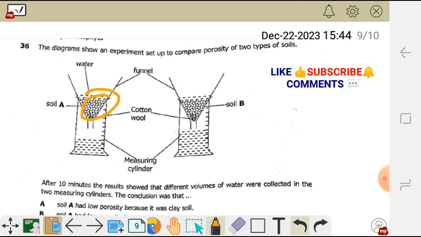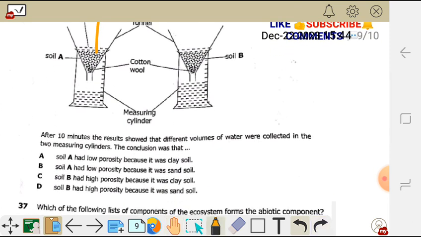So the soil has been placed in there, and then water has been poured in that direction. Okay, so let's continue reading the question. After 10 minutes, the results showed that different volumes of water were collected in the two measuring cylinders. Okay, so different volumes of water were collected in those two measuring cylinders.